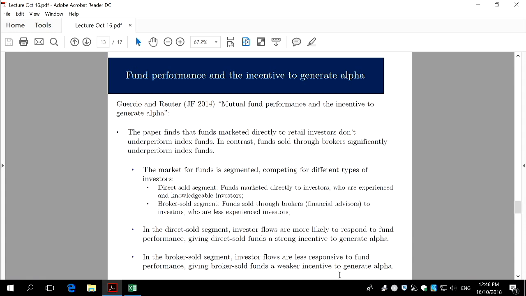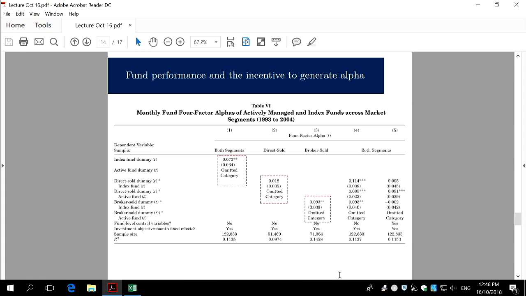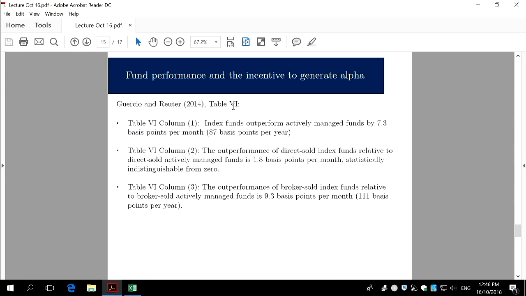And they have some numbers to show. We just focus on the three columns 1, 2, 3. Let me explain what those numbers mean. This is in Table 6 of the same paper. Column 1 means index funds outperform actively managed funds by 7.3 basis points per month.